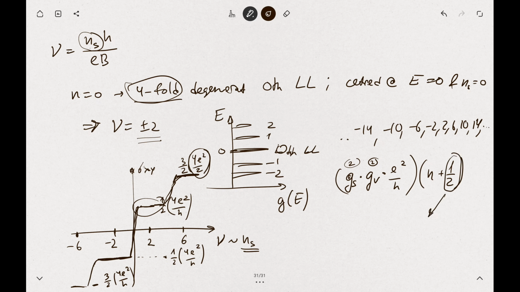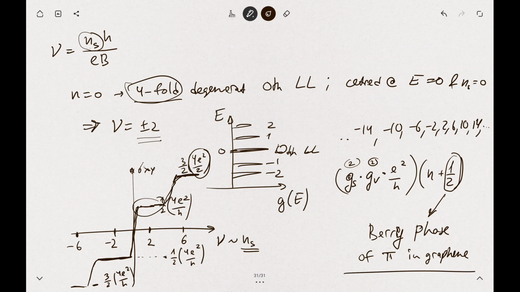And this half integer part, the presence of 1/2 in the quantization, actually comes from the Berry phase of pi in graphene. We discuss this and other issues related to topology later.